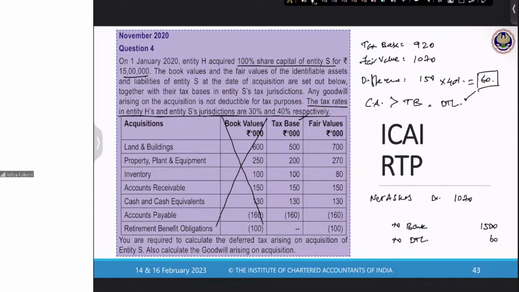How much is that? That is 60. So 1560 minus 1070, you are having 490. This is nothing but goodwill.